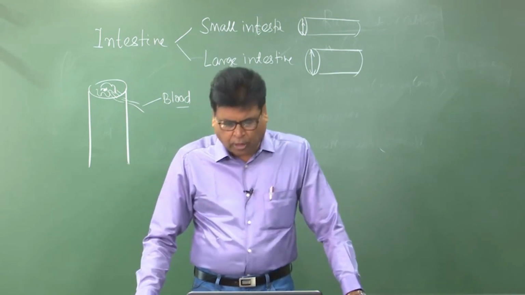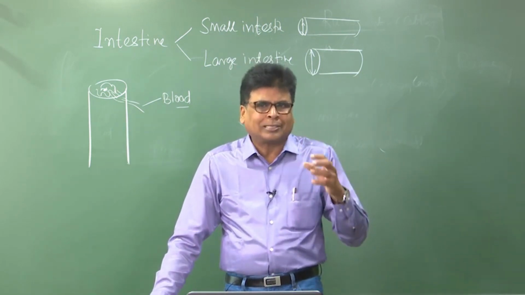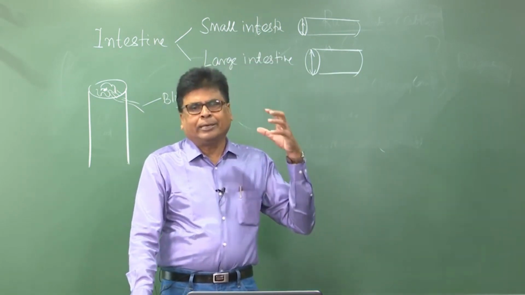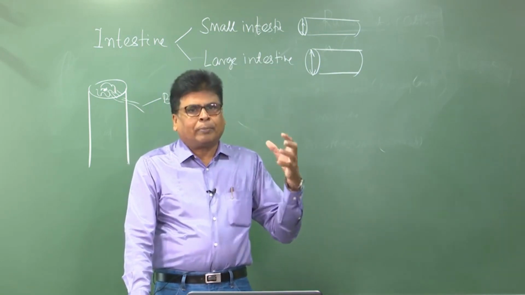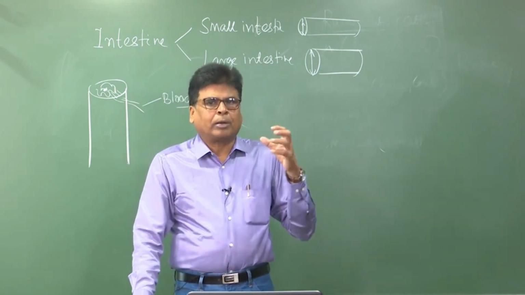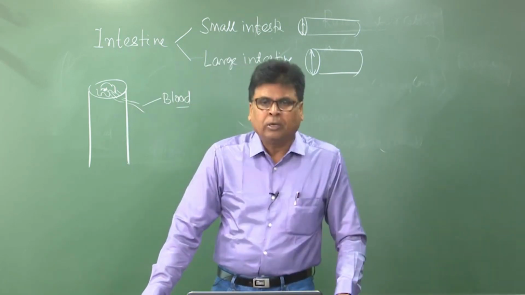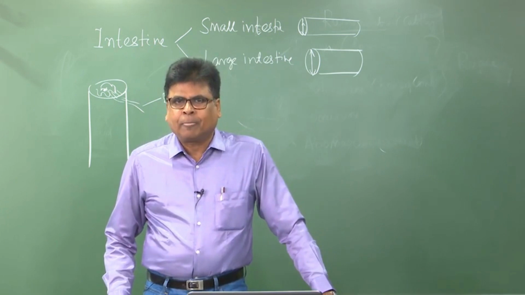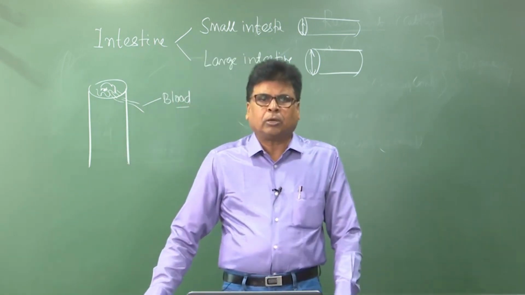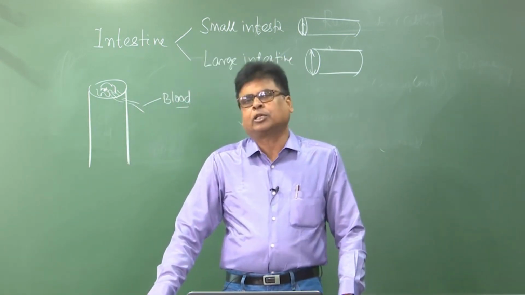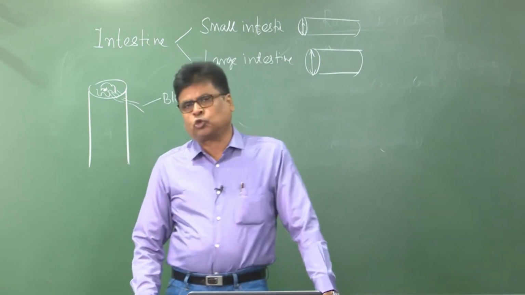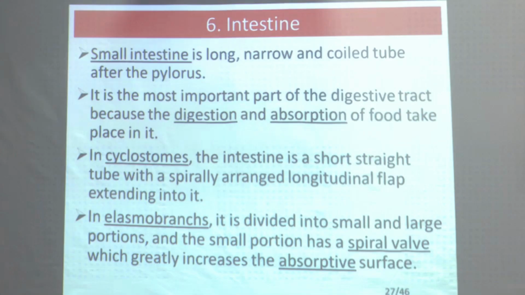So we shall discuss the intestine of the vertebrates one by one. The simple vertebrate is the cyclostome. We shall first see what is the structure of the intestine in the cyclostome.